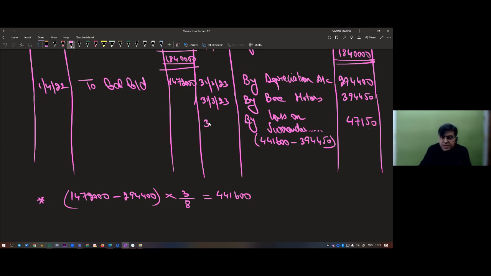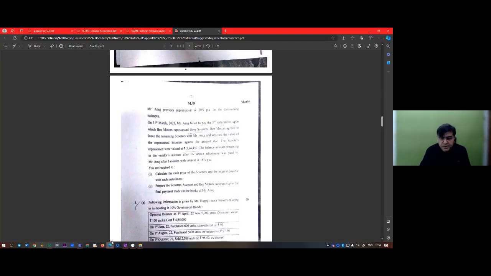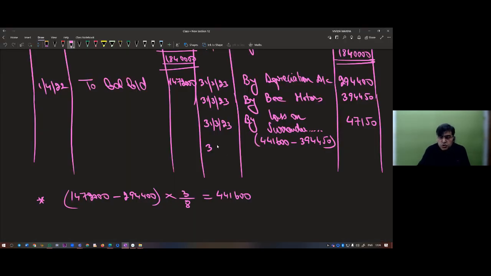Balance carry down is up to the final payment. Whose account up to the final payment? Cash price of the scooter, scooter account, up to the final payment. So 31st of March 23 by balance carry down.